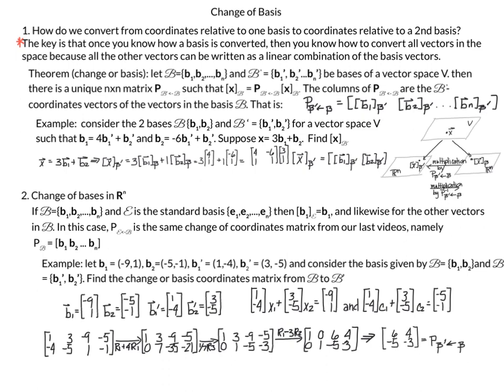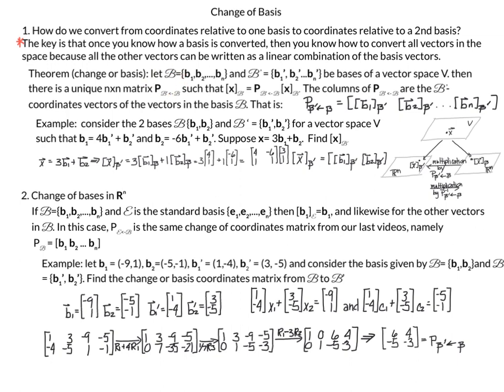So they're bases for a vector space V. Then there's a unique n by n matrix, because there are n basis vectors, and this matrix is designated P, and the arrow is backwards. So it's the matrix that converts from B to B prime, and the arrow is telling you which way it's converting, B to B prime.